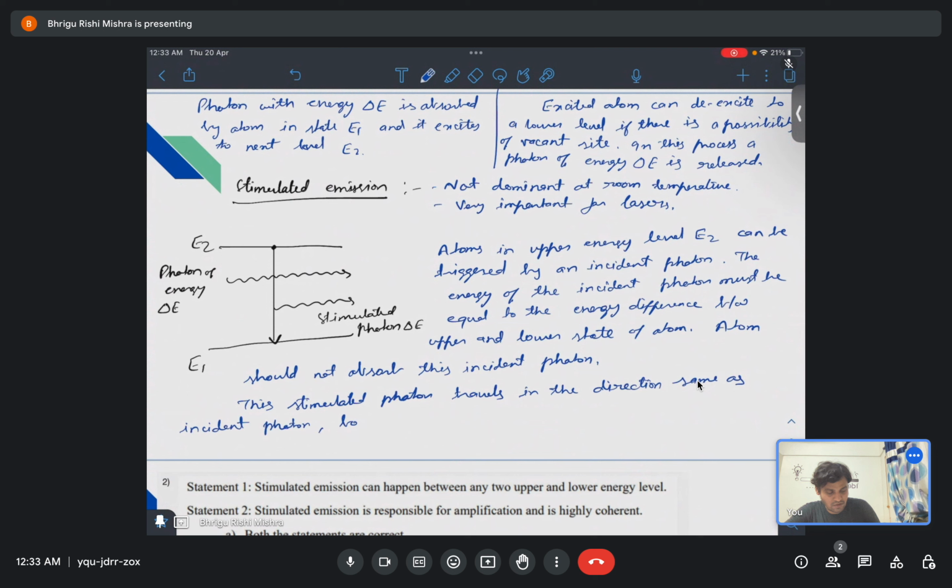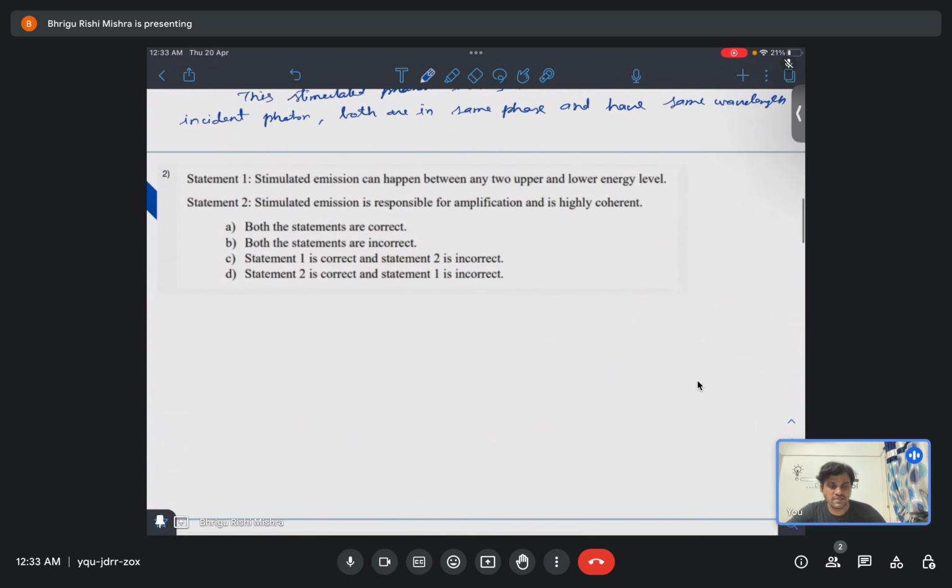Both are in the same phase and have the same wavelength. Okay, this is the important property of the photon. That's how we get the amplification. So amplification is mainly due to the stimulated emission. Okay, that is why we have a very high energy density beam in the laser.